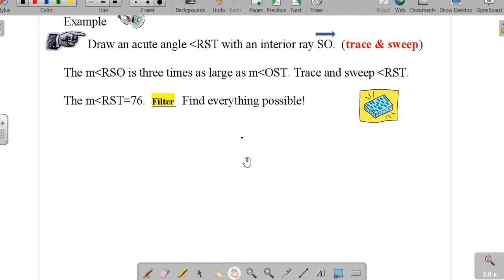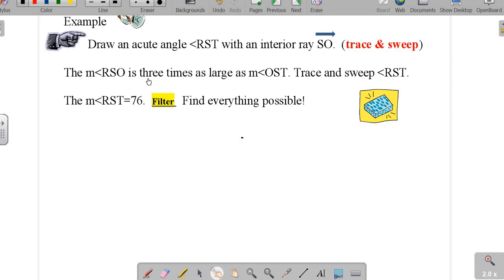Learning how to translate words into pictures is a key aspect of this class. You start by reading with 3 body parts 3 times. So we read with our finger on the paper, and read this out loud. Draw an acute angle RST, with an interior ray, SO.